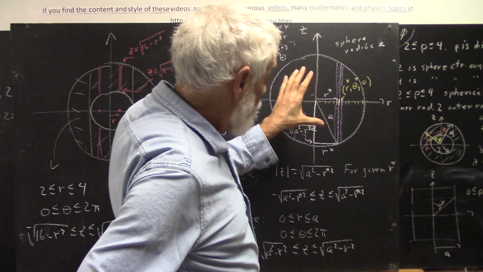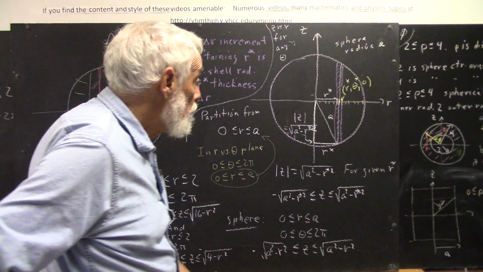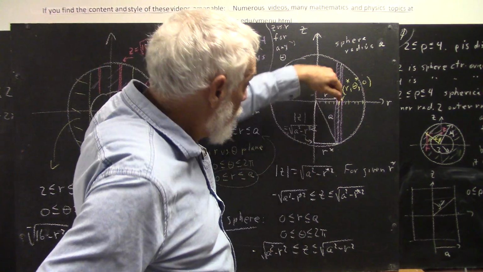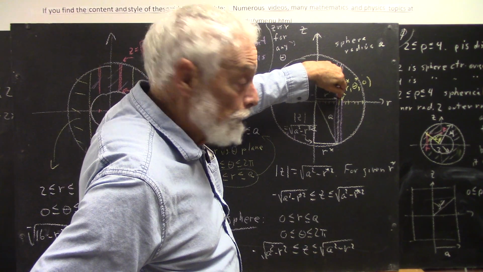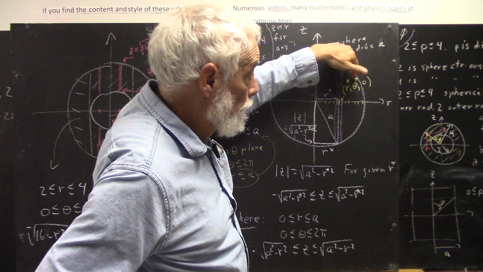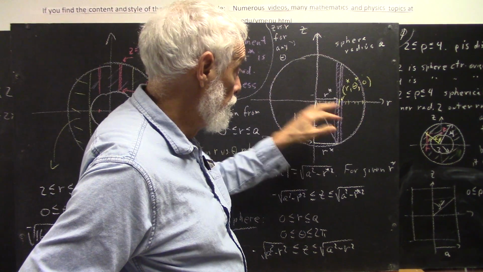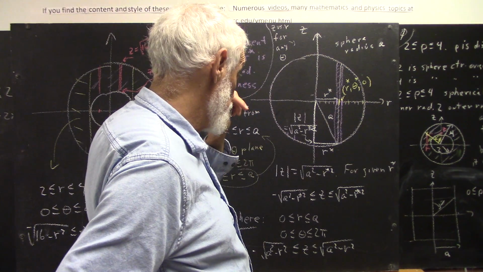Nothing that we do here is going to depend on theta until we get down to the integral. Within a typical partition, we have coordinate r star and theta star, and we're down in the r theta plane, so z is 0 along the r-axis.